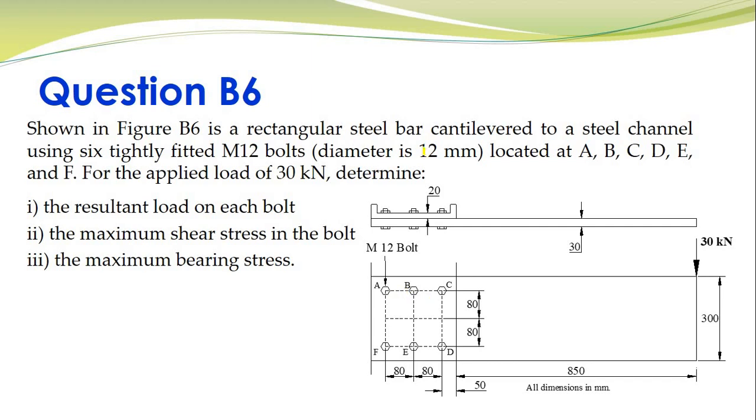M12 means the diameter of the bolts is 12 mm, located at A, B, C, D, E and F. And then an applied load of 30 kilonewton is given. For this particular scenario, we have to find the resultant load in each bolt. So you have to find the resultant forces acting in bolts A to F. We have to find the maximum shear stress in the bolt, and then finally the maximum bearing stress.